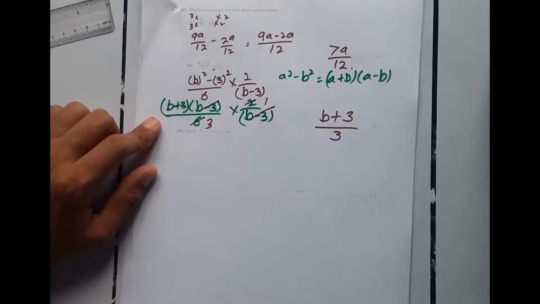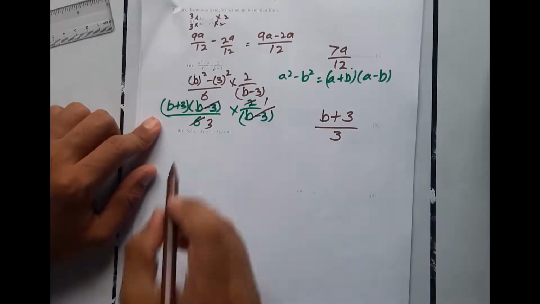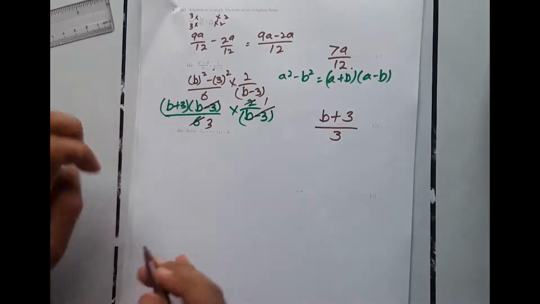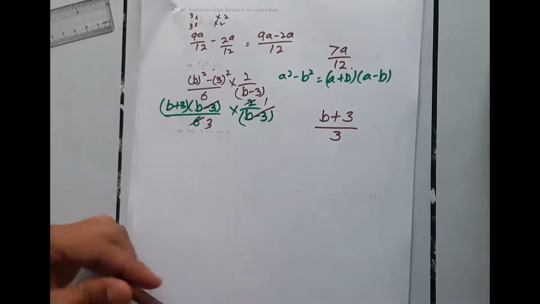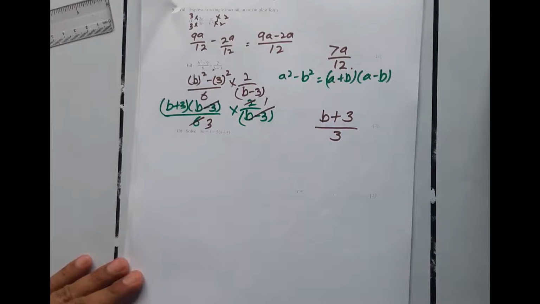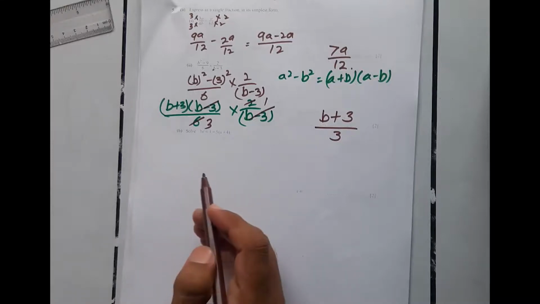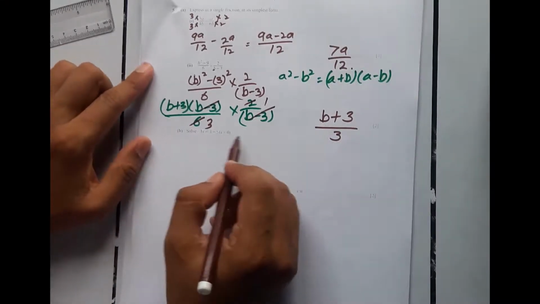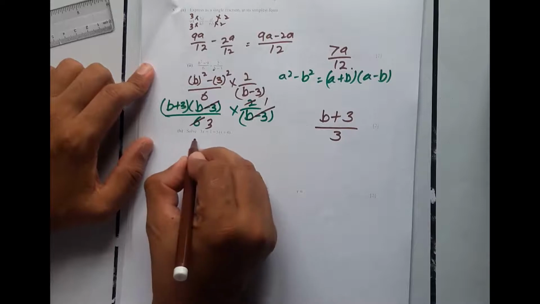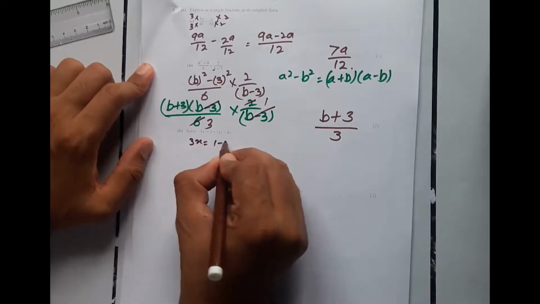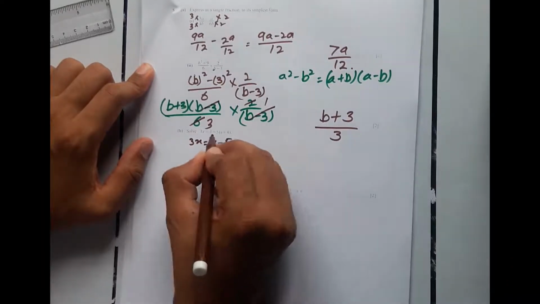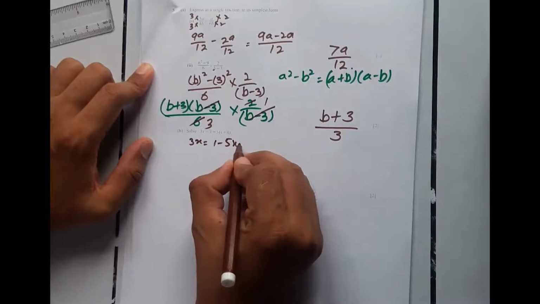Now we have to solve the b part. First we have to eliminate the brackets. This is 3x, minus 5 into x is minus 5x, and minus 5 into plus 4 is minus 20.